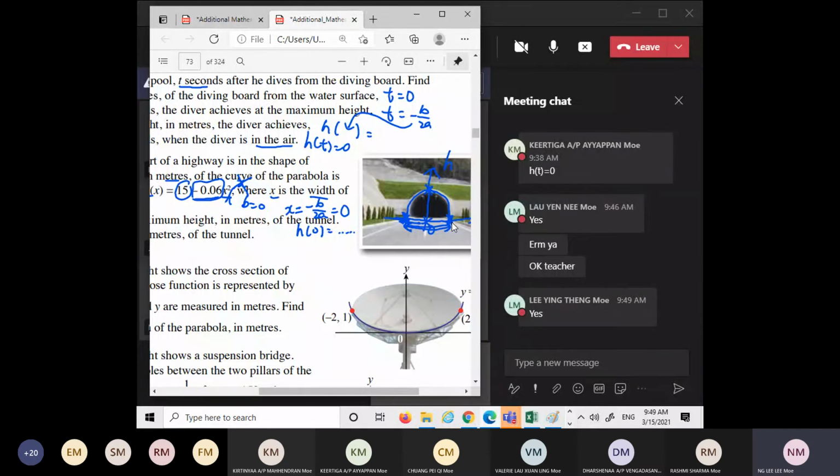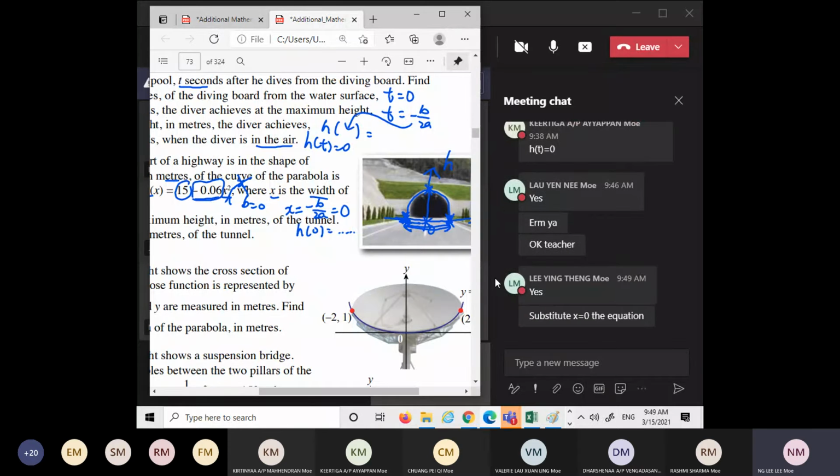I want to find these two coordinates. How do I start? Substitute x equals 0 to the equation. This x equals 0 is here. I want to find this point and this point.